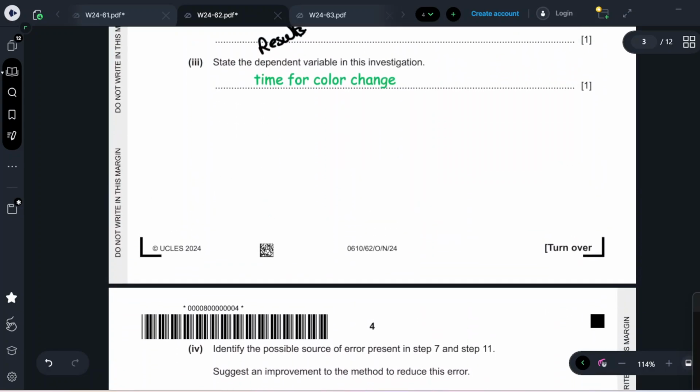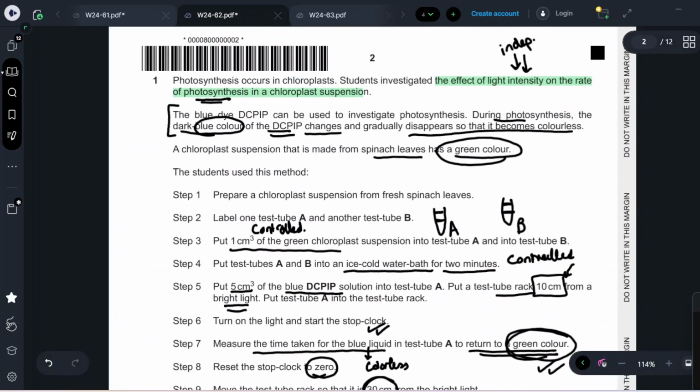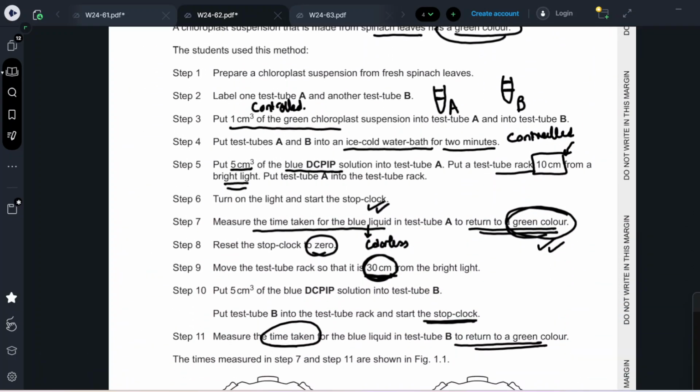What are the possible sources of errors in step 7 and step 11? Let's see what's step 7 and step 11. Step 7, measure the time taken for the blue to return to colorless, return to green, sorry. Any experiment that has a changing point for the color, what error do I say? It is difficult to judge the end point.